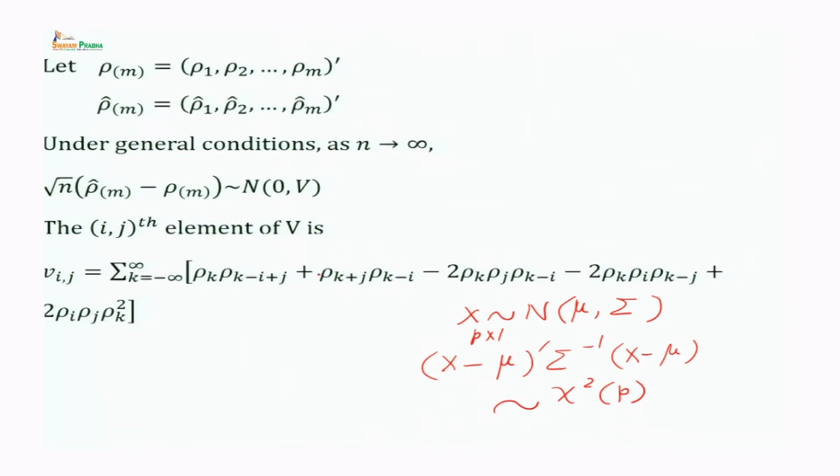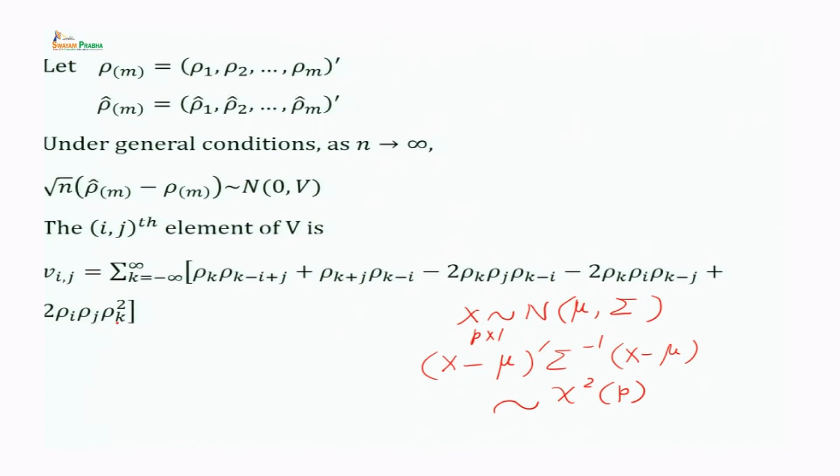So, this term is equal to 0. Similarly, you look at the third term, rho j, rho k minus i. For i equal to j, you will not find any term which is not equal to 0. Here also, this term is equal to 0, even for i equal to j.